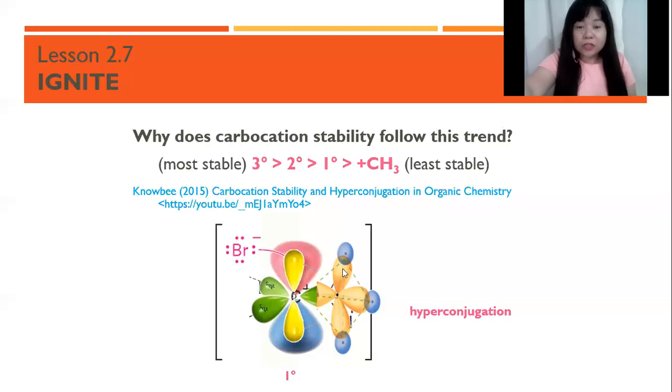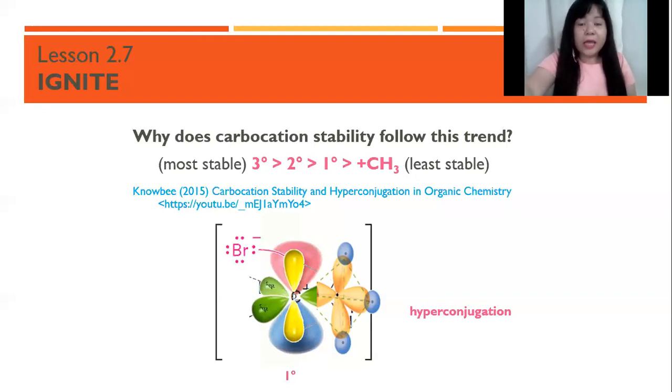So more electrons are able to hyperconjugate with this empty p orbital. Therefore, the concentration of the positive charge is dispersed and the whole structure becomes more stable.